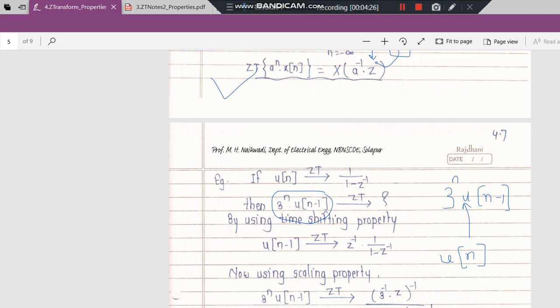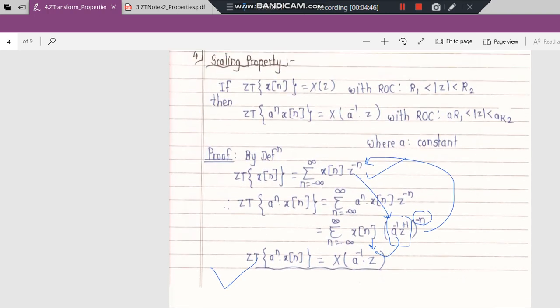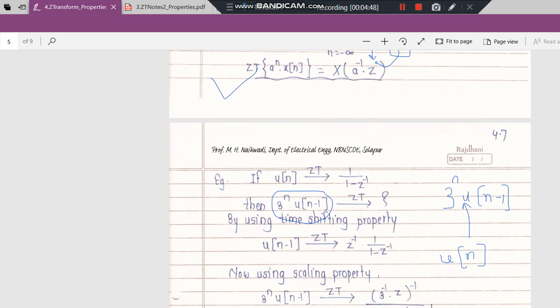And then by using the scaling property, that is a raised to n u of n, where 3 is simply a constant a, we can use the scaling property. We do not call it time scaling because this is a frequency scaling, so we just call it the scaling property. So we can use the scaling property and the time shifting property in order to find out the Z transform of this.